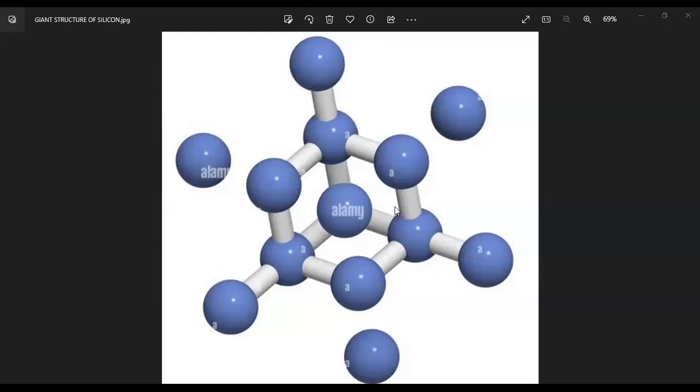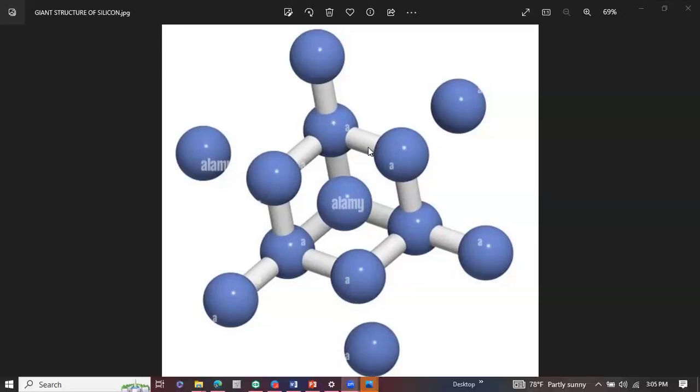So this is the structure of silicon. Any question there? No. Don't have questions? Okay, so this is the structure of silicon.